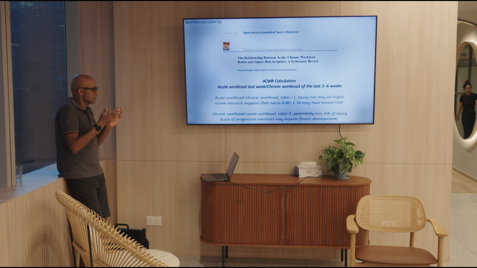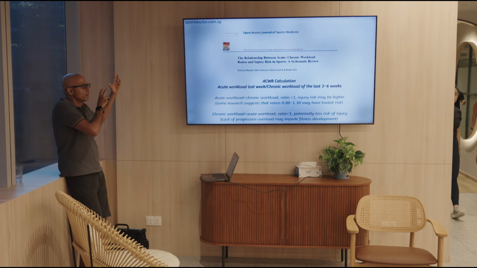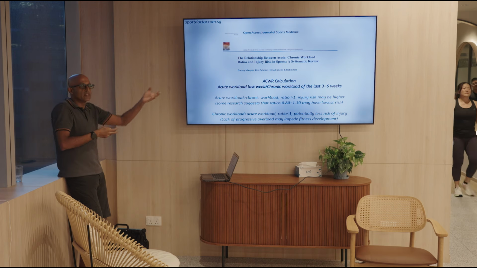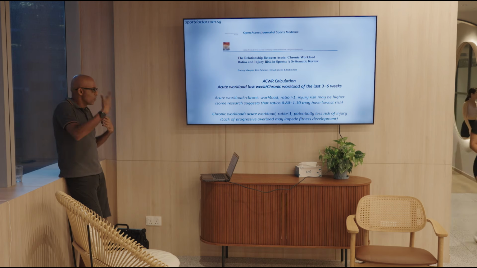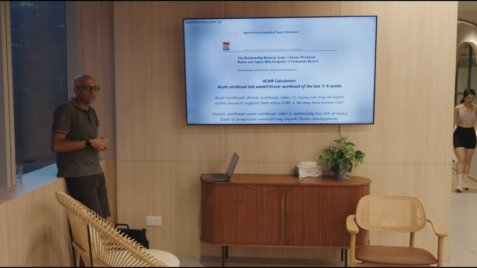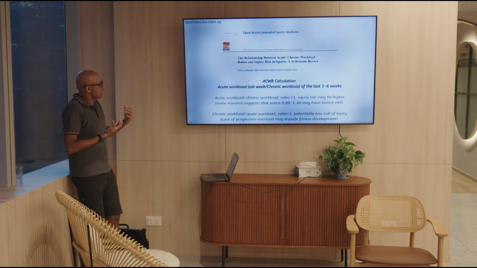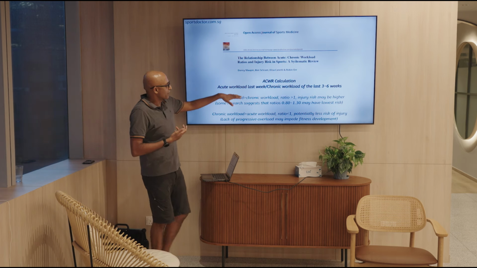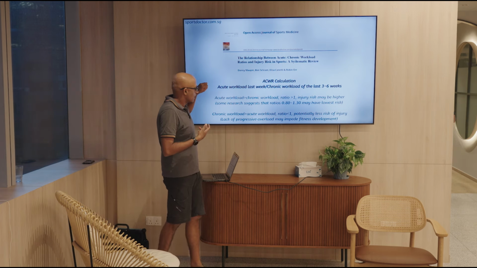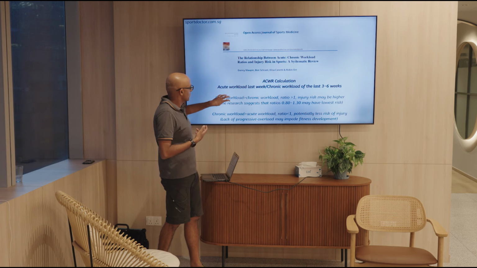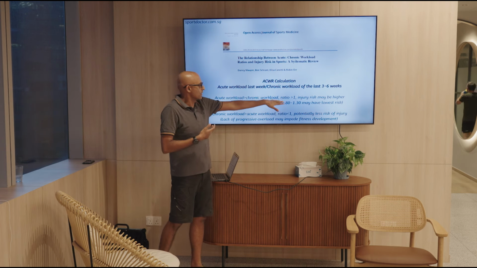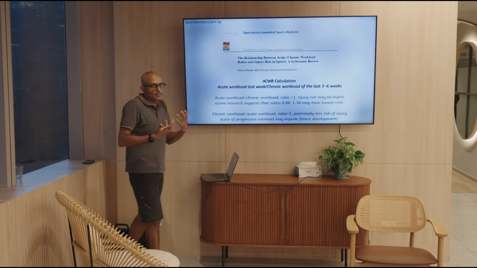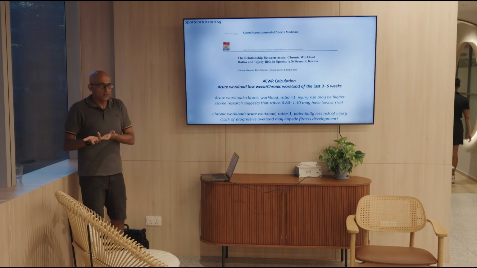So the ACWR, the acute to chronic workload ratio, is basically the acute load of last week, what you were lifting and what you were doing, over the chronic workload of the last 3 to 6 weeks. Ideally, in an acute setting, when the acute workload is greater than 1, there is a theory that your risk of injury goes up.